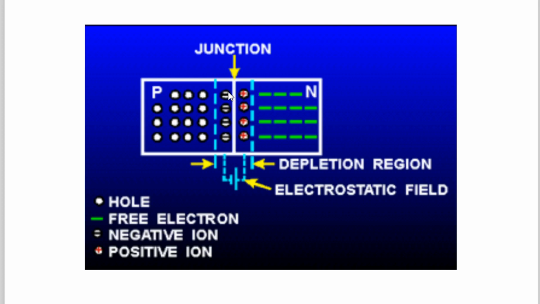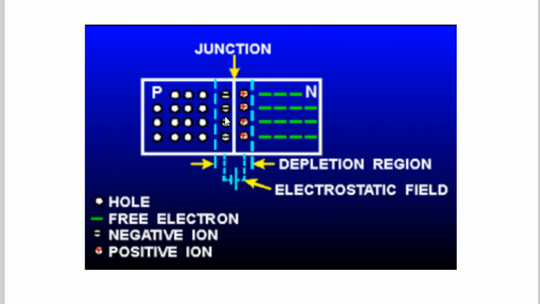Total negative charge is increased, that's why it is marked by the minus signs. The atom that has gained the electron is converted into a negative ion, and the atom that has lost the electron is converted into a positive ion, and this process will continue.